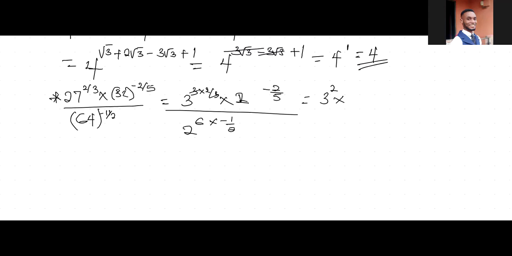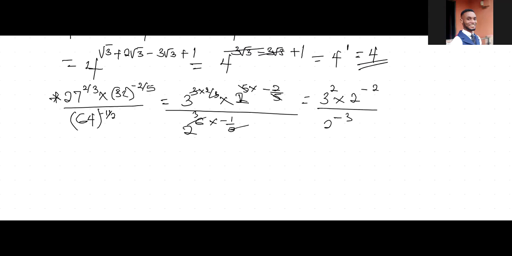So we remove this, right? So we are going to be having 2 raised to the power of minus 2. Then divided by, listen, 2 here 1, 2 here 3. So it's going to be 2 raised to the power of minus 3.